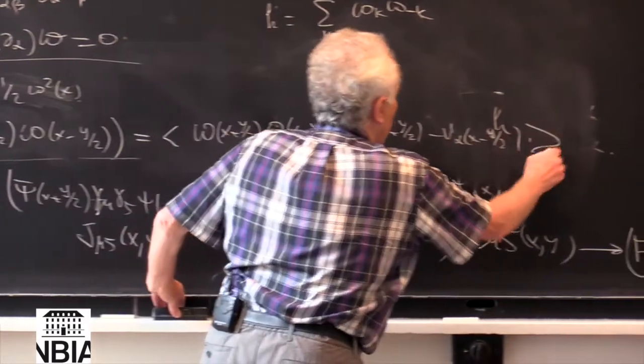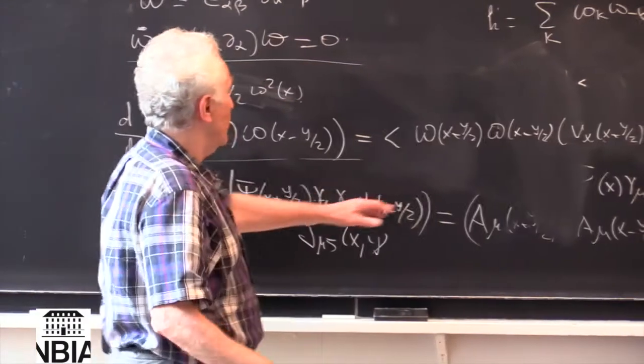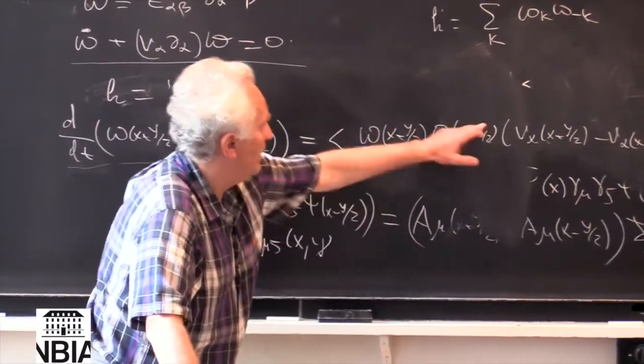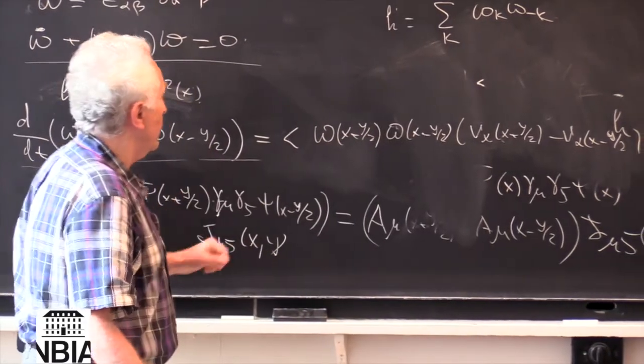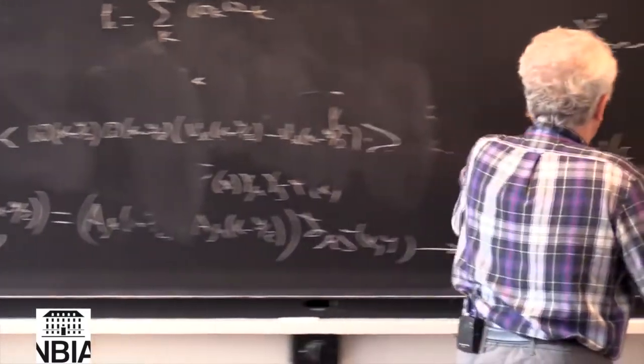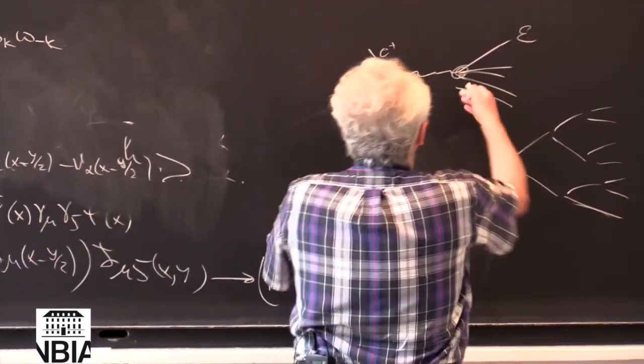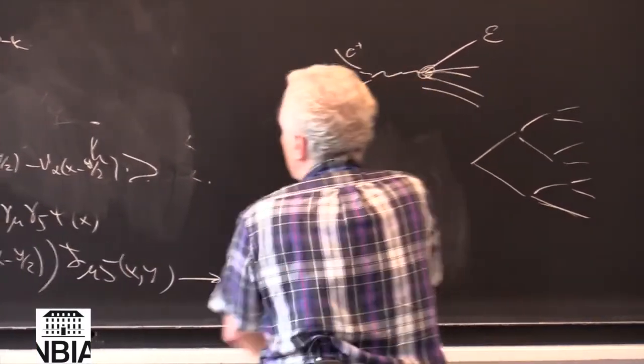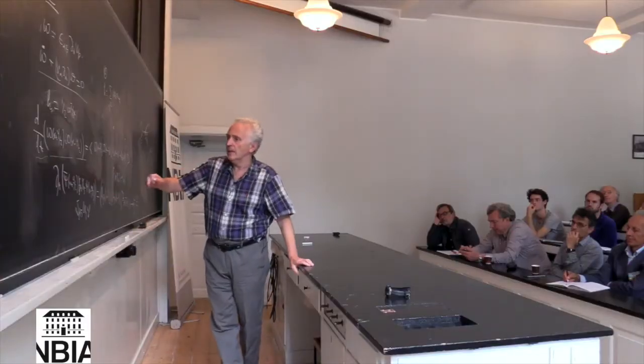And we take an expectation value. So you see the obvious analogy between this and this, and the fact that as y goes to 0, staying in the inertial range, we must get a constant.